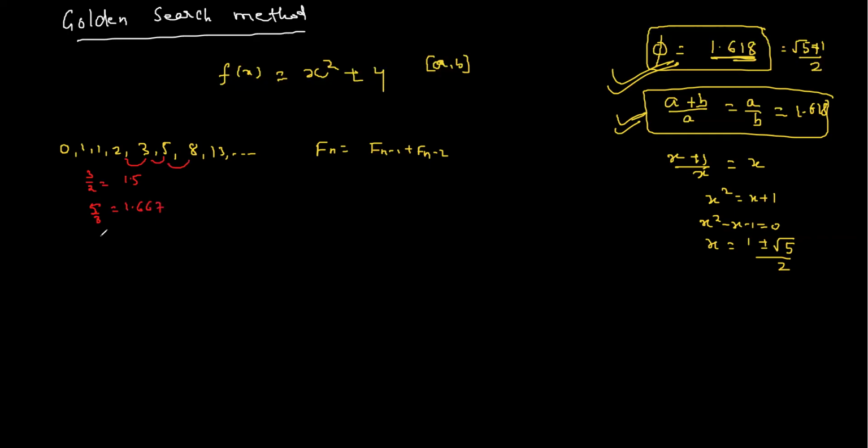Take 8 by 5. 1.6 perfect. 13 by 8. 1.625. When you take the next term, 21, right? So when you see the next term divided by its previous term, approximately always you will get 1.618. Okay, and this is called golden ratio. Now you understood? Yes.